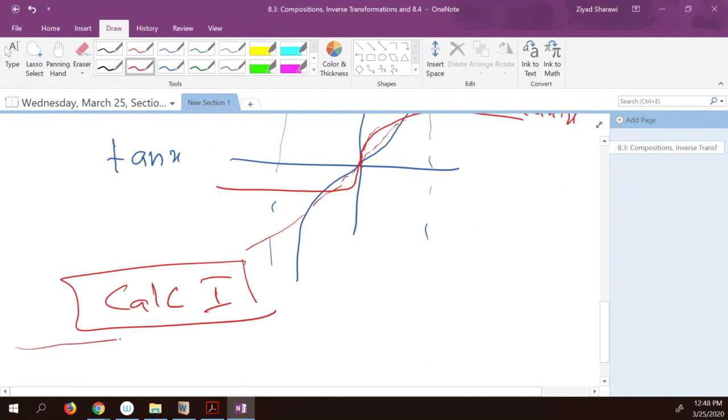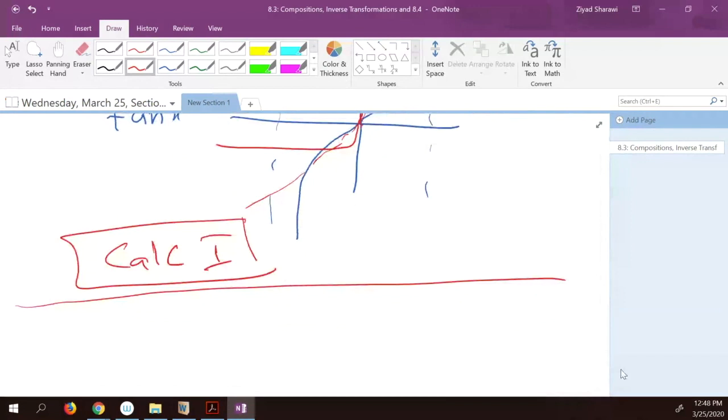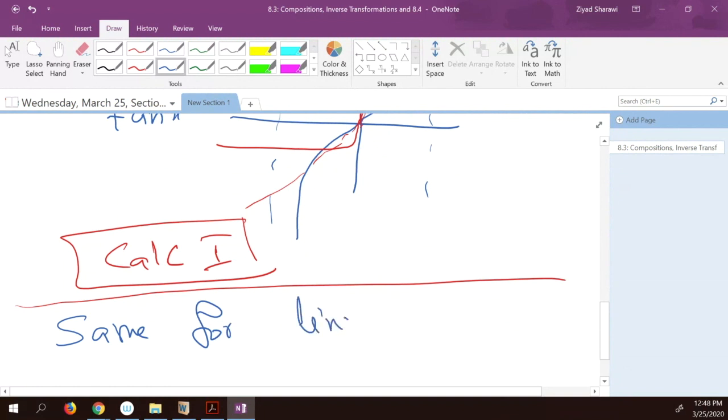So now let's start talking about linear algebra. In linear algebra, we are talking about the same thing, but instead of functions, we are talking about linear transformations.